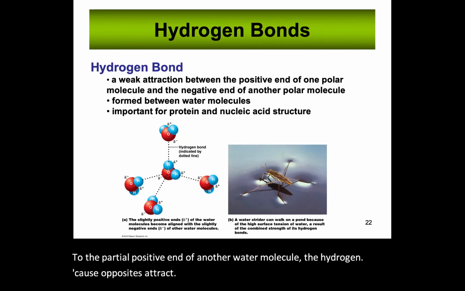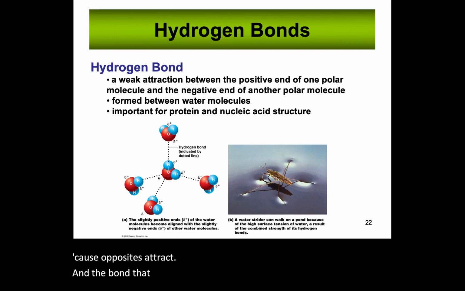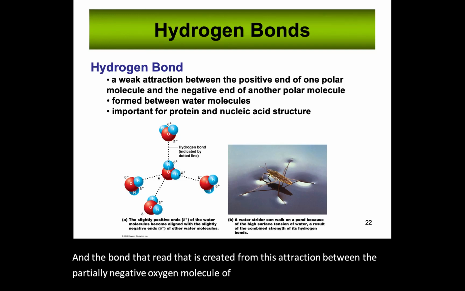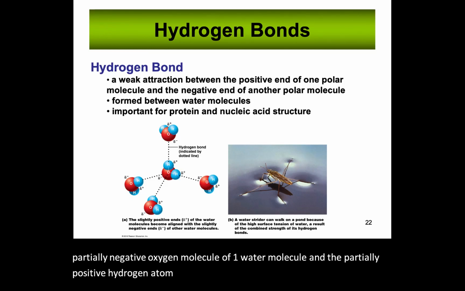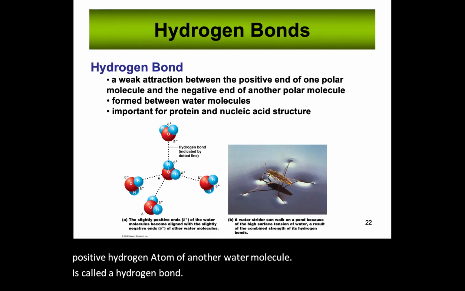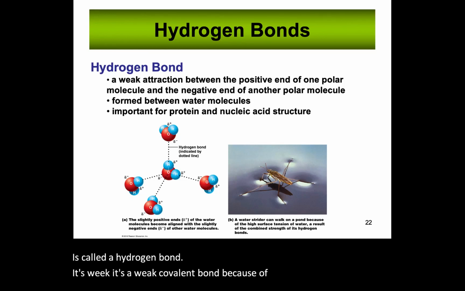And the bond that is created from this attraction between the partially negative oxygen molecule of one water molecule and the partially positive hydrogen atom of another water molecule is called a hydrogen bond. It's weak.